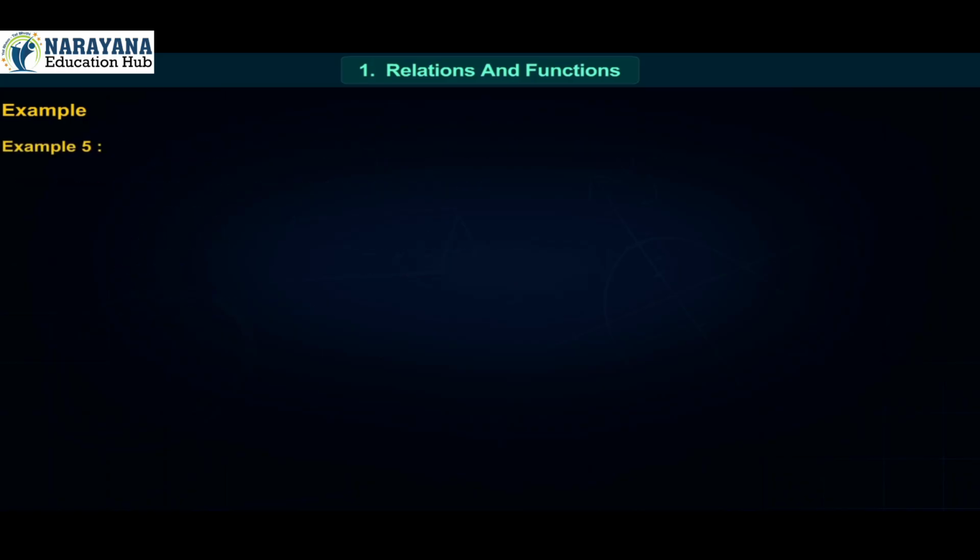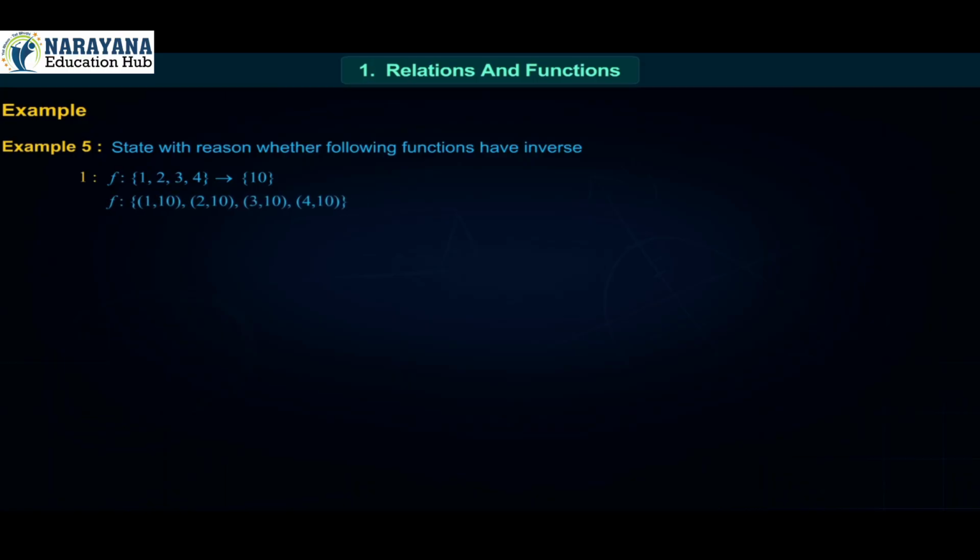Example 5. State with reason whether following functions have inverse. Number 1. F from set of 1, 2, 3, 4 to set of 10. F is set of ordered pairs (1, 10), (2, 10), (3, 10), (4, 10).